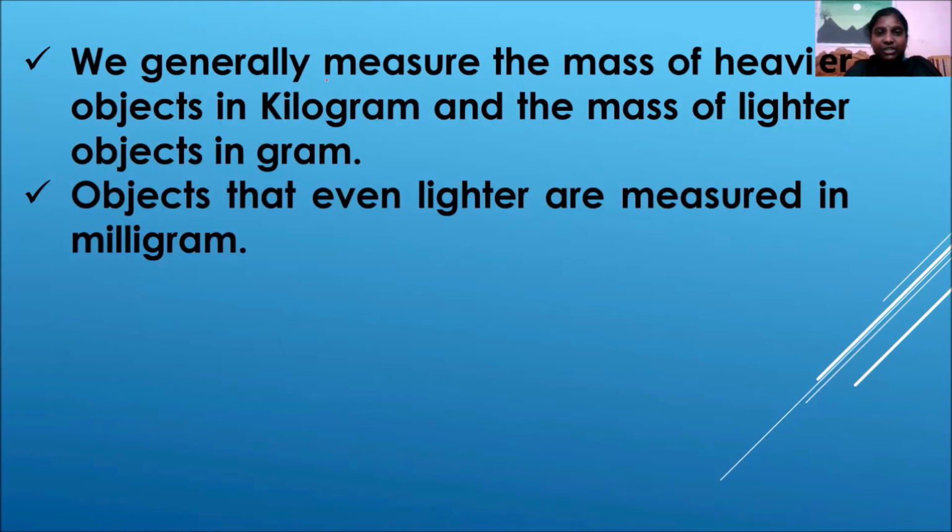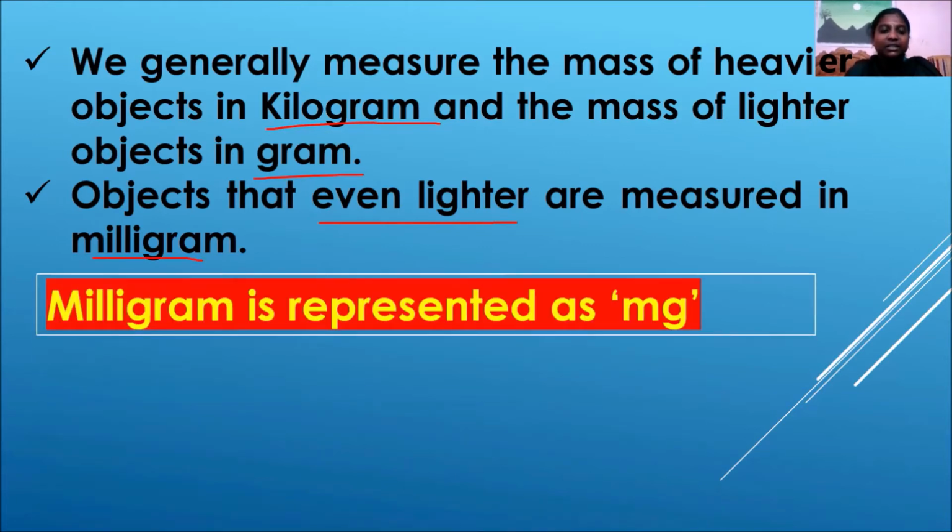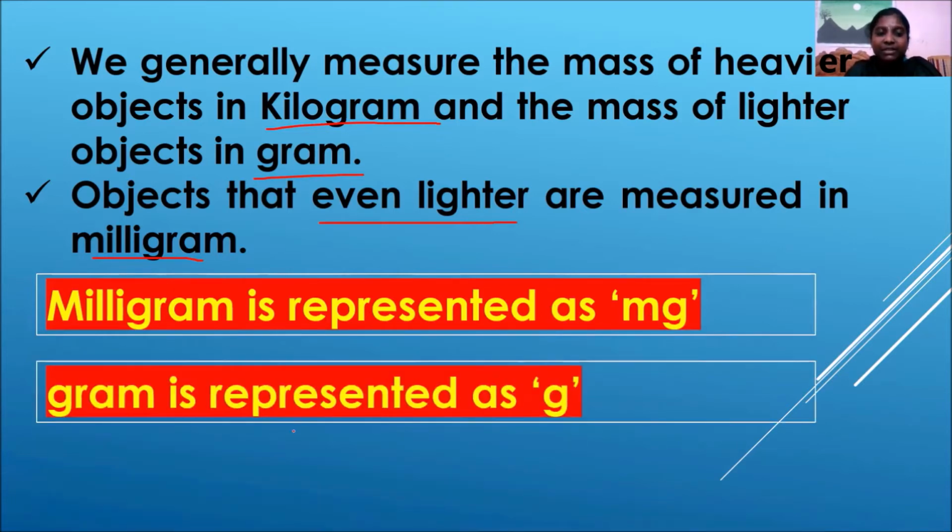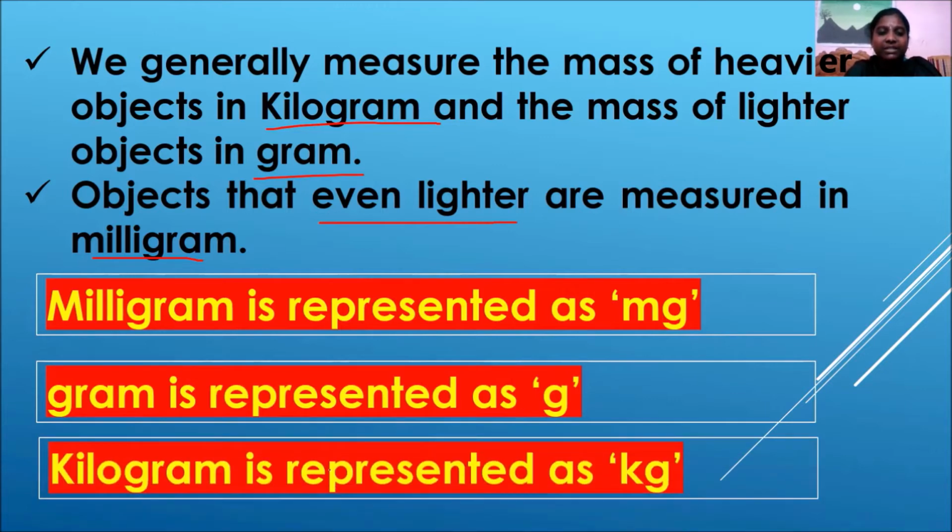We generally measure the mass of heavier object in kilogram and the mass of lighter object in gram. Objects that are even lighter are measured in milligrams. Here, milligram is represented as mg. Gram is represented as g. Kilogram is represented as kg.